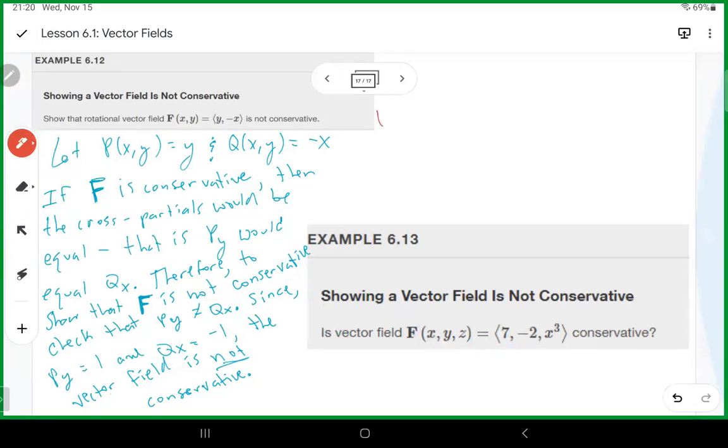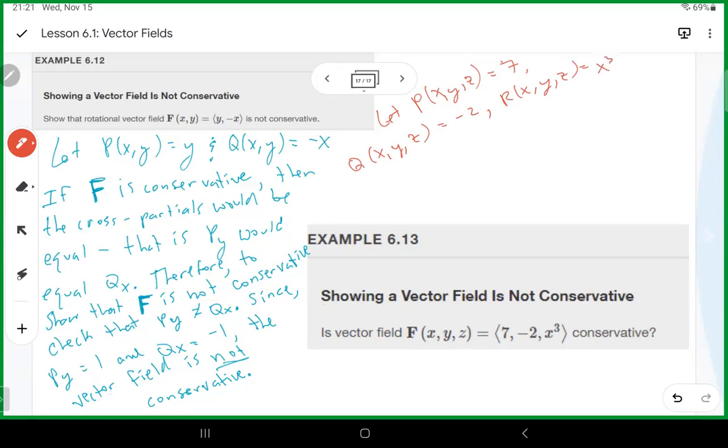We're going to let P of x, y, z equal 7, Q of x, y, z equal negative 2, and R of x, y, z equal x cubed.